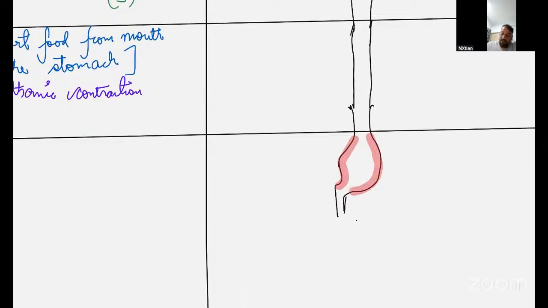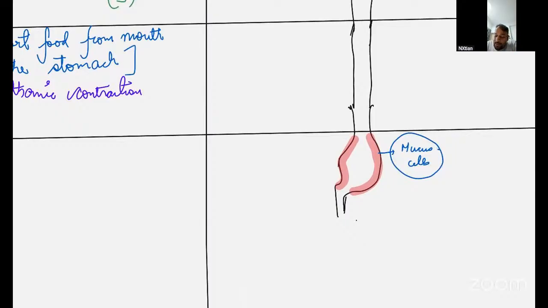This stomach wall is usually made up of mucus, also called mucus cells. Now these mucus cells have three functions. So we will learn all these three functions.